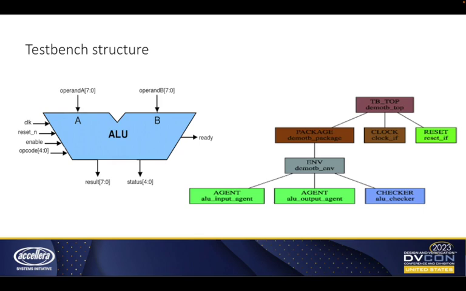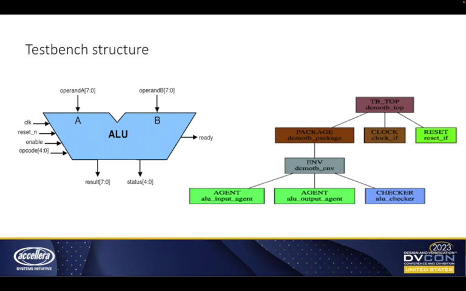First, we need a test bench top. Then we need a clock and reset interface and a package node containing all the other test bench components. Under the package node, we will have an environment containing two agents, one input and one output, and one checker component.